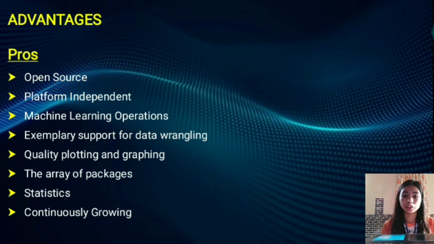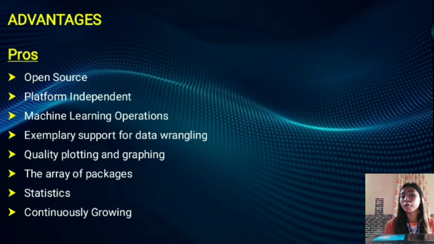Next advantage is platform independence. R is a cross-platform programming language, meaning that it can be run quite easily on Windows, Linux, and Mac. Next advantage is machine learning operations.